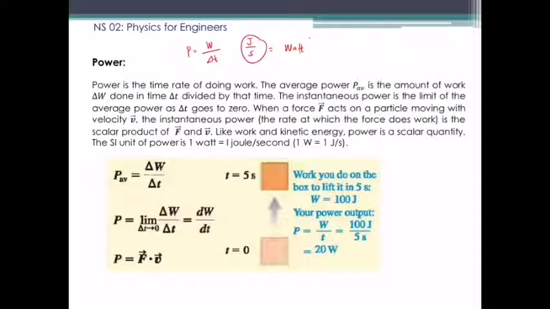We also have different units. In English, we have the unit horsepower. Maybe you have heard of this unit. 1 horsepower, HP, is equivalent to 550 foot-pound force per second.